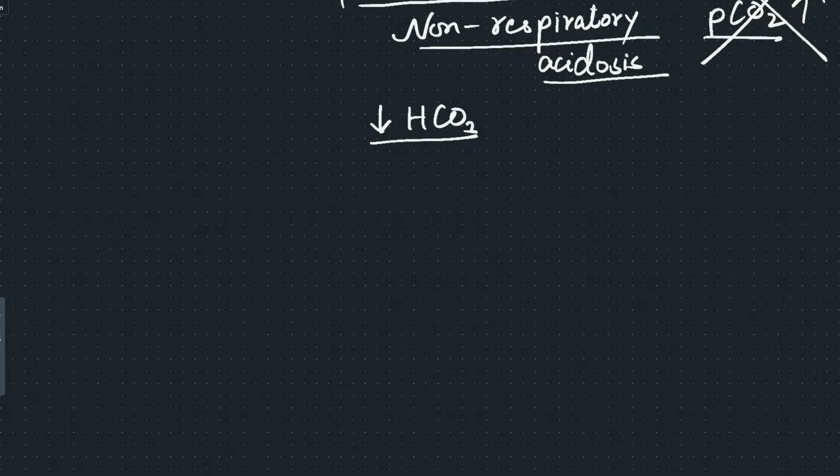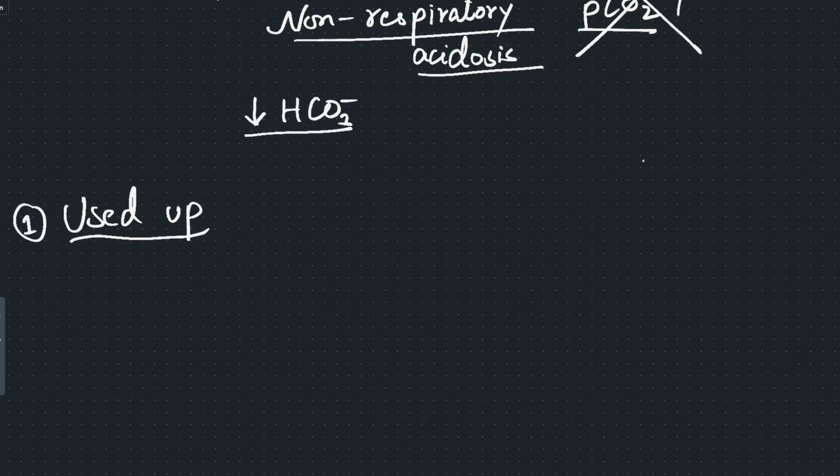There are basically two ways to get rid of bicarbonate. One way is that bicarbonate is used up, in other words, excessive consumption of bicarbonate ion. And secondly, that it is lost somehow.